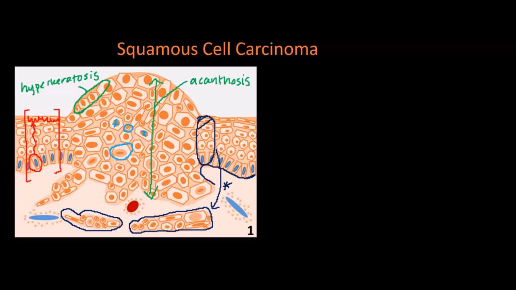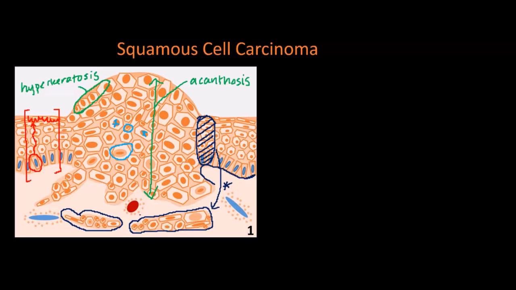So just to summarize all of this, in a squamous cell carcinoma in situ, you would see many of the features we talked about earlier, like the pleomorphism, acanthosis, maybe even a little bit of hyperkeratosis, but you would not see invasion past this basement membrane into the dermis as we see with invasive squamous cell carcinoma.